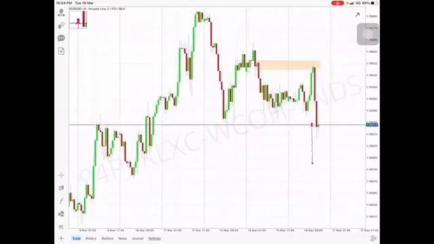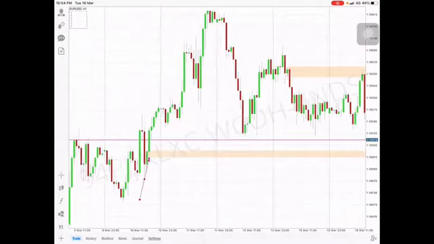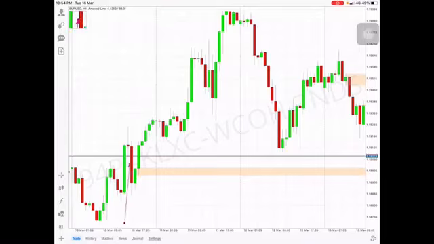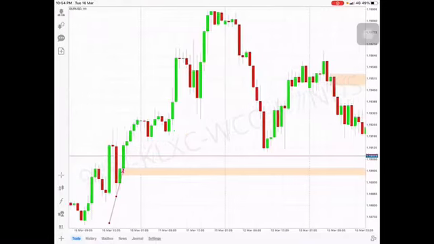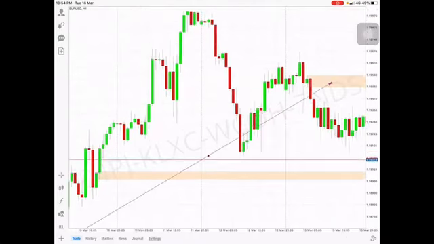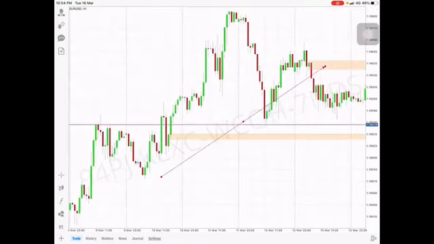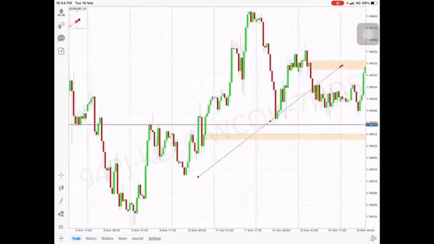Now look here, we have a DOM. Do you see how it rejected a DOM? This DOM is the green DOM. So green DOM is an area for buy or for sell? For buy. So if we enter it here, we enter sell, right? So from a sell zone, the price will stop at a buy zone.